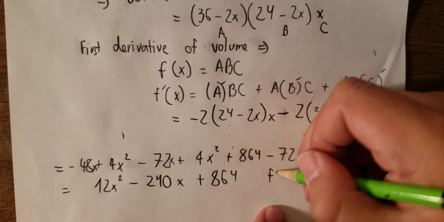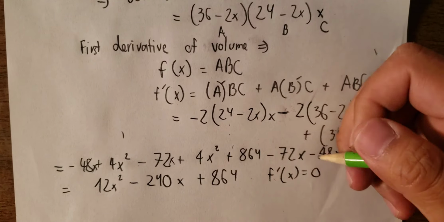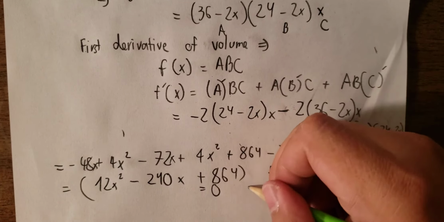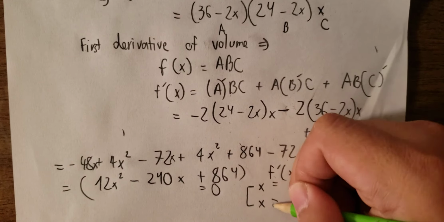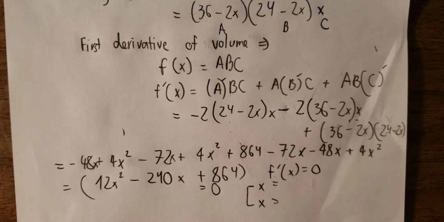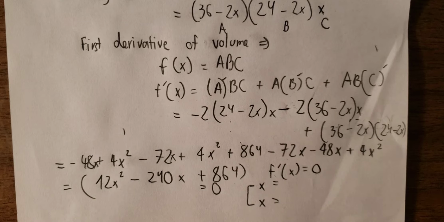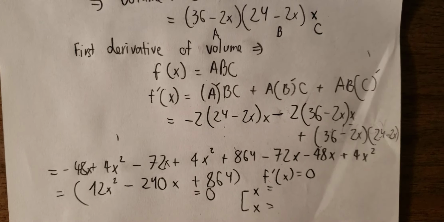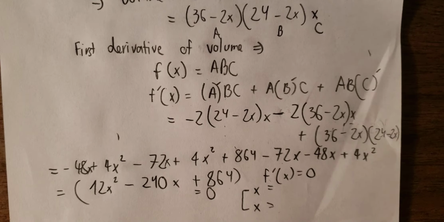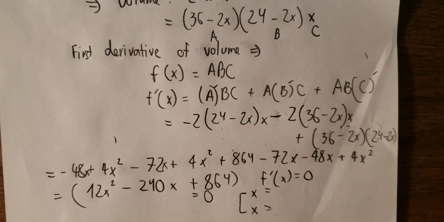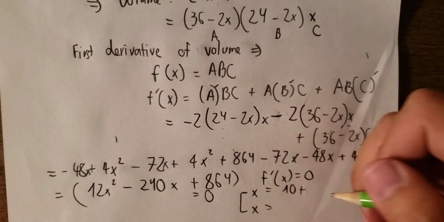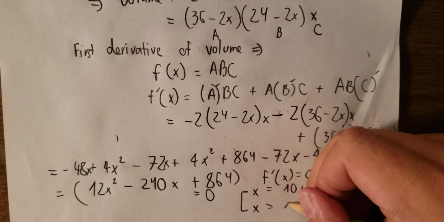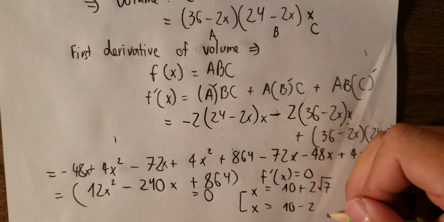Now we put the first derivative equal to 0, so this one becomes 0 in here, and you find two solutions: 10 plus 2 square root of 7 and 10 minus 2 square root of 7.